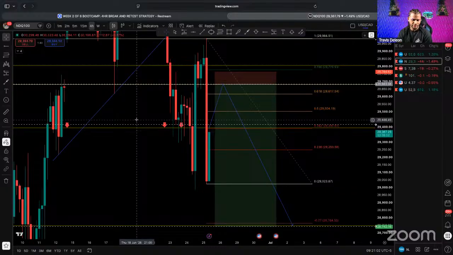That could be a good entry, but I'm not looking to buy, I'm looking to sell. That's a good target, you know what I mean? That's close to where I'm looking to sell from. So that's a good target.